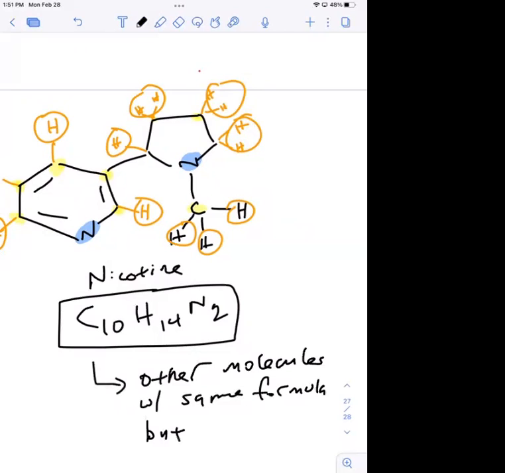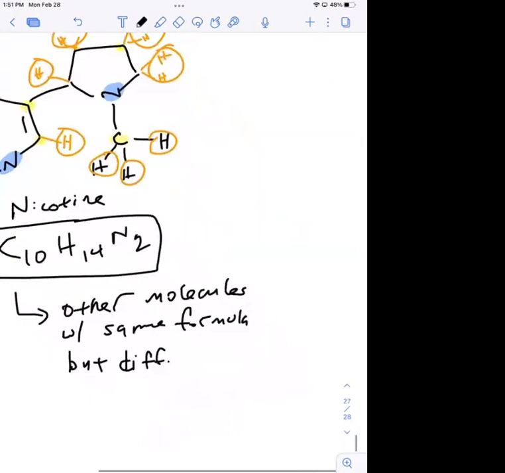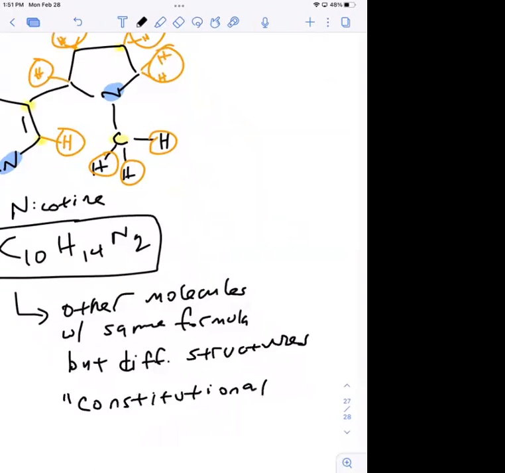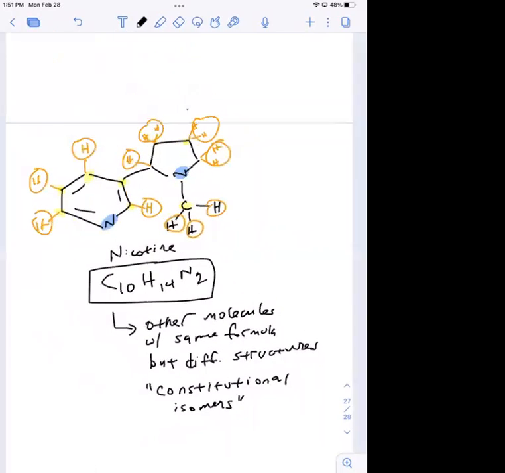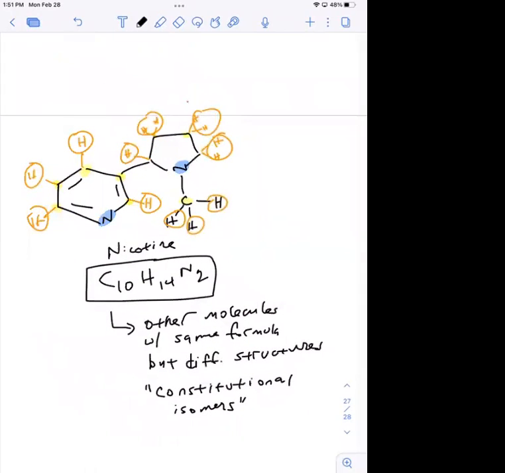We call those isomers. Right, those are what we call constitutional isomers. Right, so C10H14N2, there might be 1,000 compounds that have 10 carbons, 14 hydrogens, and 2 nitrogens, right? But they don't all have the same structure. They're all different compounds. So that's what we mean.